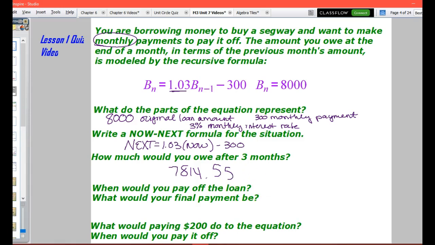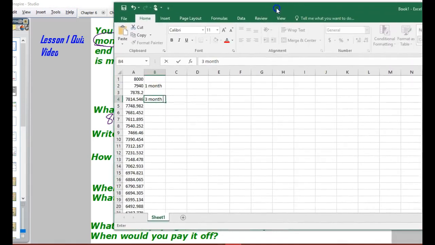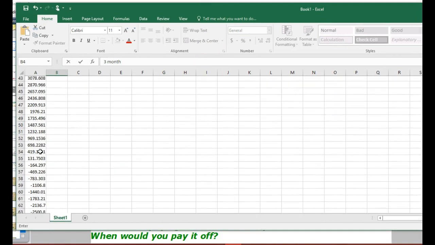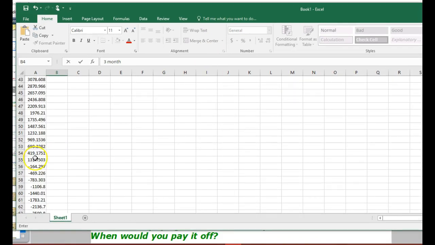When would you pay off the loan? If we go back and look at our Excel document, when we drag it all the way down, we get the formula all the way for months and months. We're going to be looking for when we go from a positive value to a negative value. So this says 55. Remember that shift a little bit. That would not actually be the 55th month. That's the 54th month. So here I am on the 55th month.